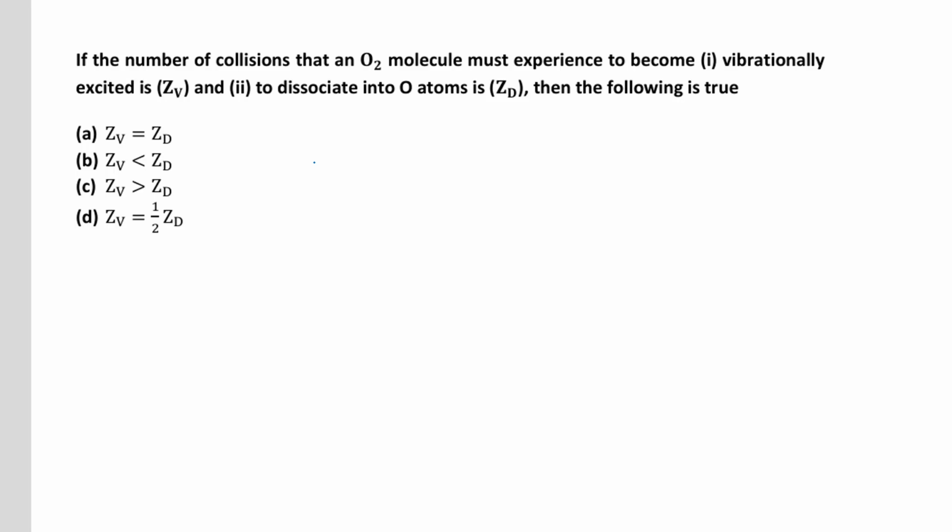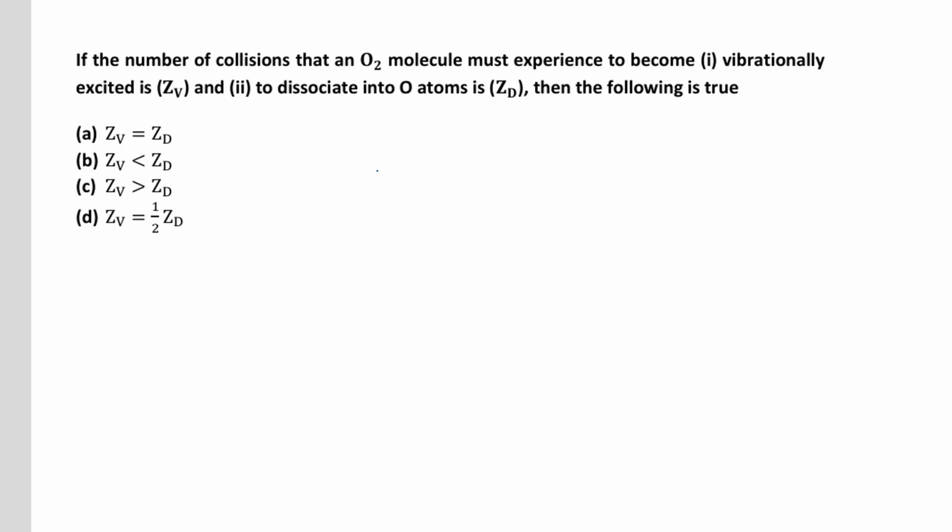So this problem is related to that only. If the number of collisions that an O2 molecule must experience to become first vibrationally excited is ZV and second to dissociate into O atoms is ZD, then the following is true.